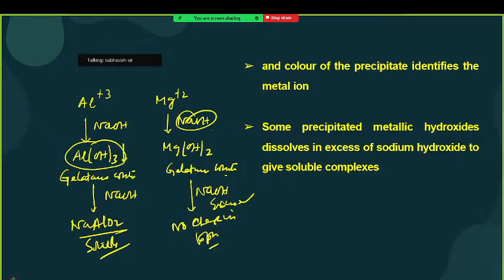So it is an important part of this experiment that some of the precipitated metallic hydroxides dissolve in excess amount of sodium hydroxide to give soluble complexes, some others do not. If you cannot identify from the color of the precipitate, then you should use this type of experiment. Is it clear to you?